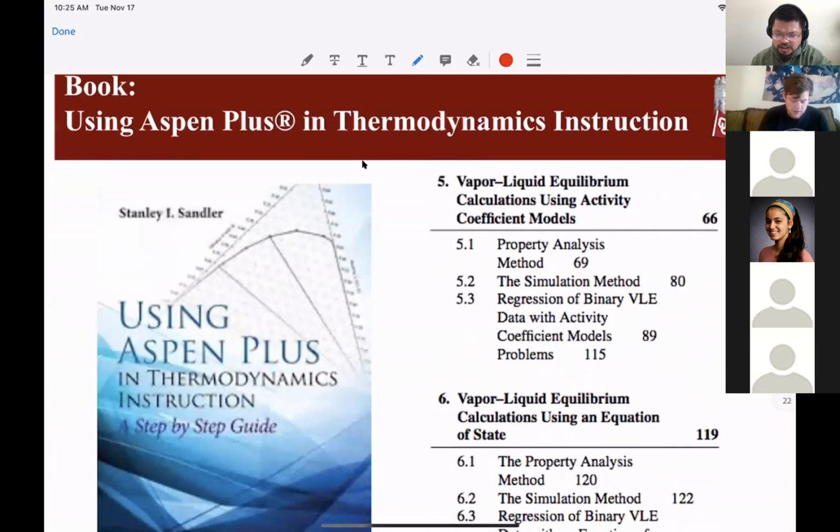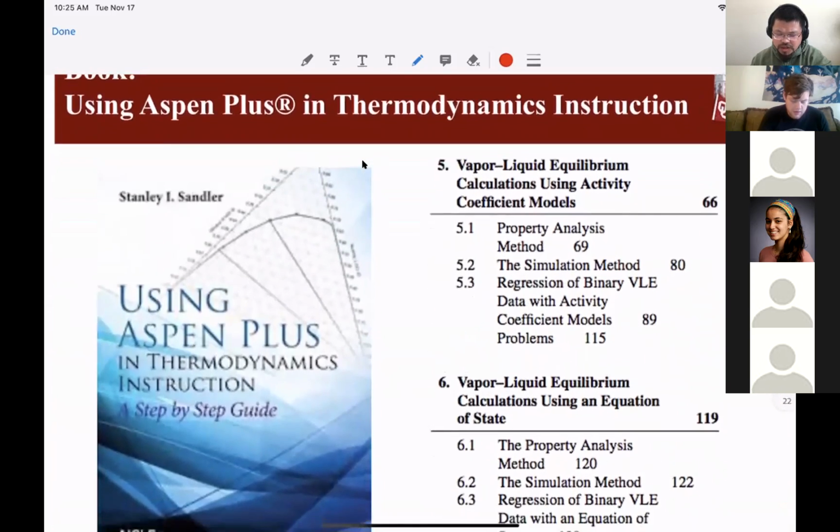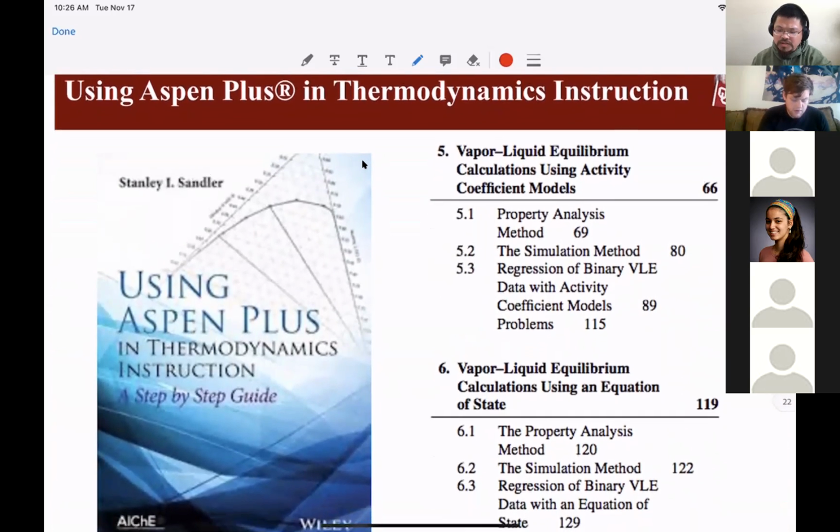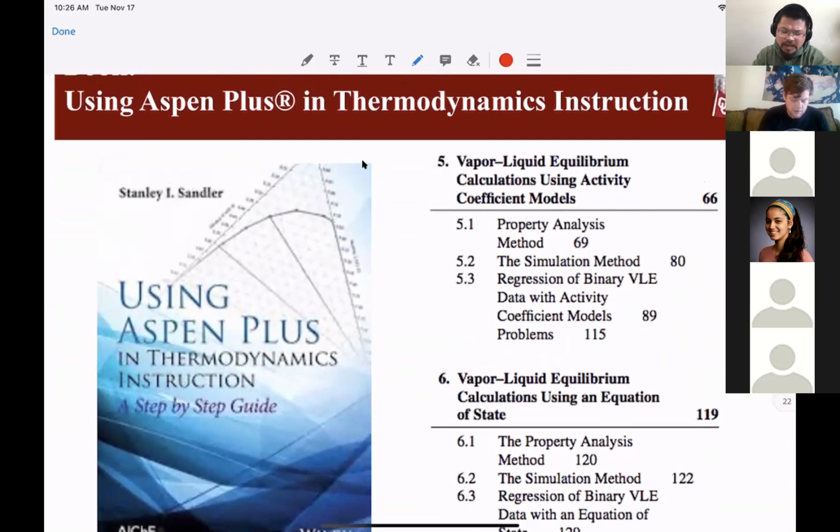This is the other slide I want to share with you. I know that we don't offer Aspen Plus as an elective, which is a shame. But this is a very useful software for CAME, especially if you are interested in understanding a little bit more of Aspen Plus. So here's a book by Stanley Sandler.